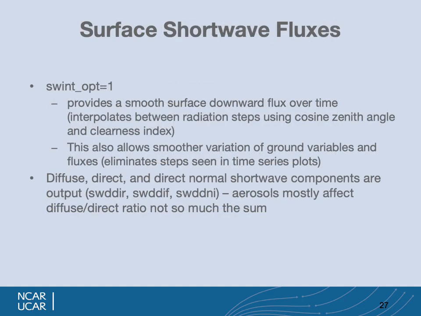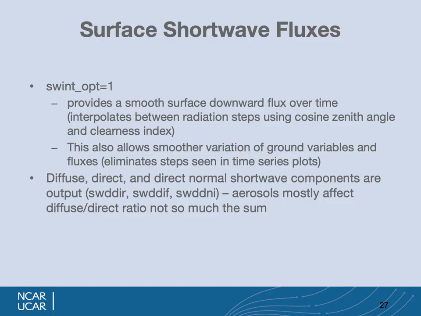Surface shortwave fluxes. We do have swint_opt equals 1, which is a shortwave interpolation option. That allows a smooth variation of downward solar flux during the daytime because we can scale for the changing solar zenith angle, the cosine of the zenith angle.